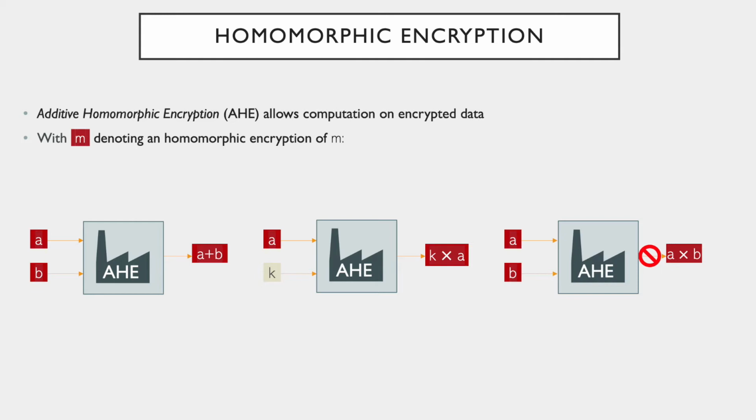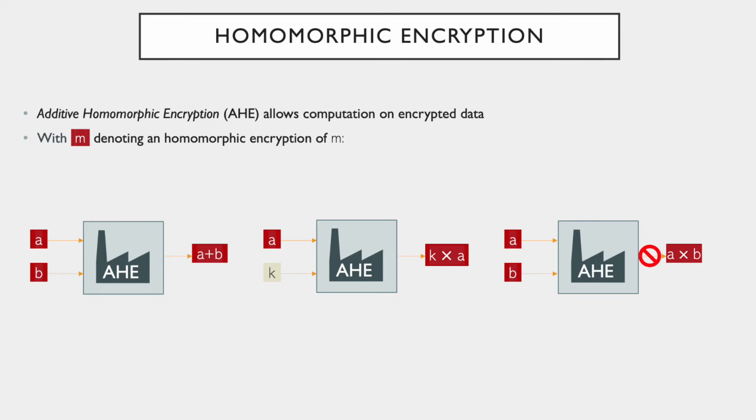More specifically, with two encrypted values A and B, additive homomorphic encryption can compute an encryption of A plus B without knowing A nor B. Also, given a scalar value k and an encryption of A, AHE can compute an encryption of k times A. But given an encryption of A and an encryption of B, additive homomorphic encryption cannot compute an encryption of A times B.